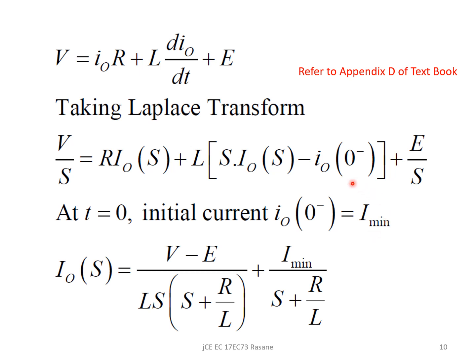Substituting that as I minimum here, I take I naught S outside and rearrange this equation in this form, that is (V minus E) upon L, and I have L into S down, inside the bracket I can write S plus R by L. You can take a pen and paper and try to get this expression in this particular form by substituting I naught at t equal to 0 equal to I minimum.